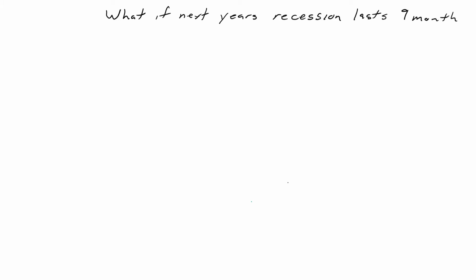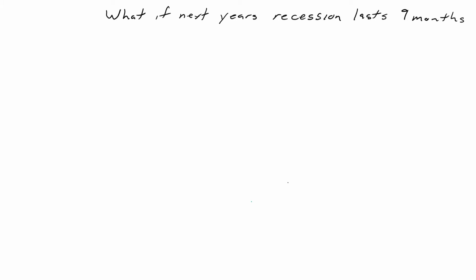That's good. Okay, so another question just to give you a chance to play around with this a little bit. What if next year's recession lasts 9 months? So the snow melt takes a month longer to get going next year for whatever reason.